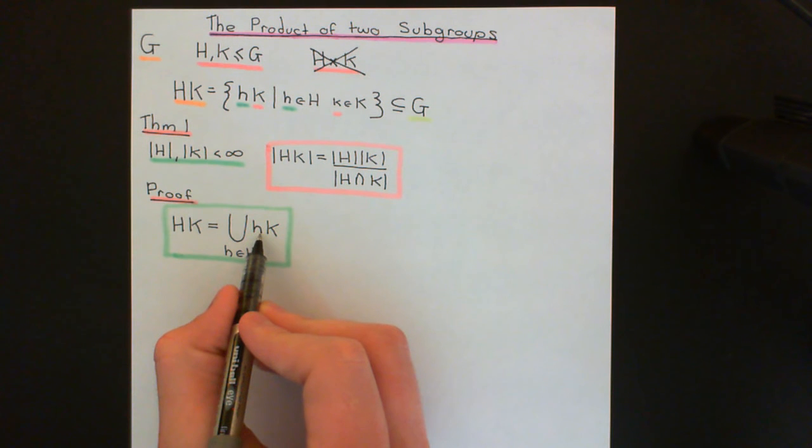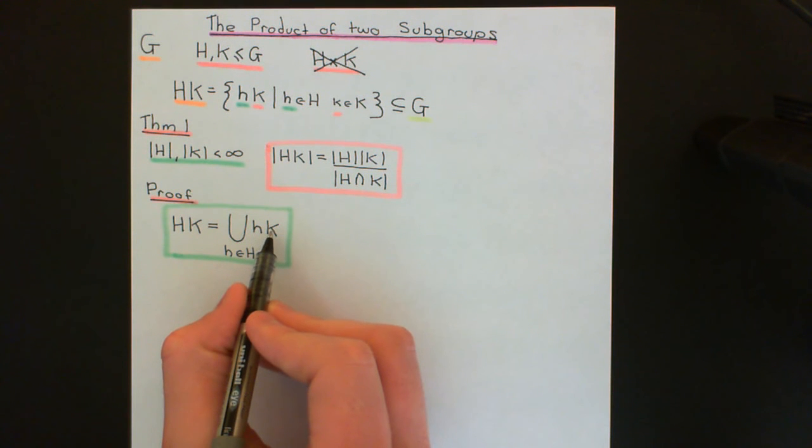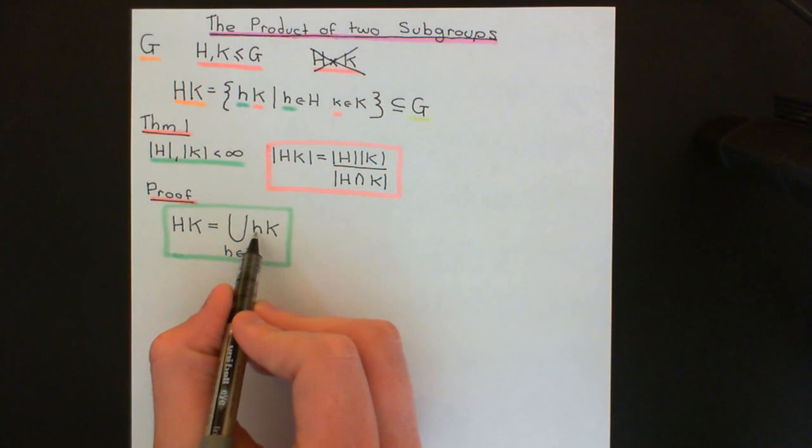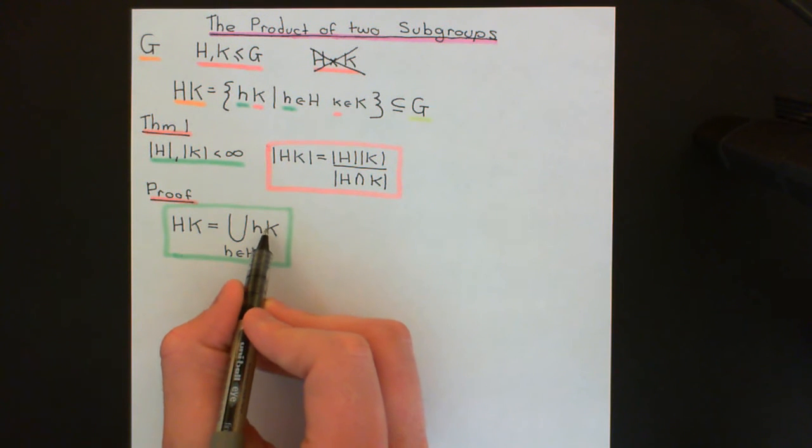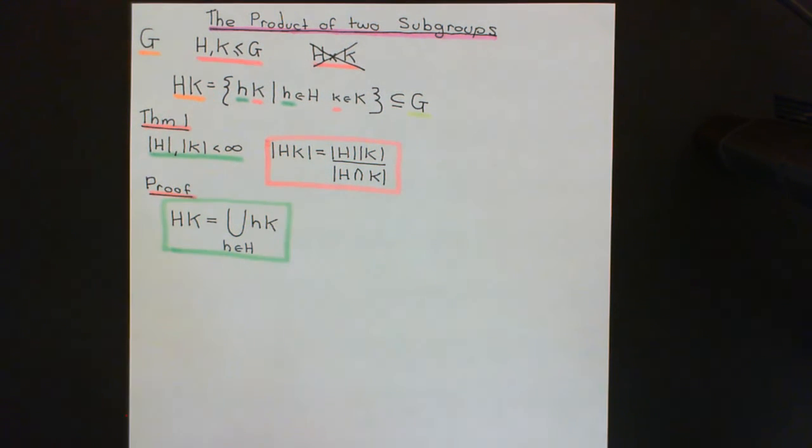If we go through all the elements of capital H here and take the left coset of K under that element, we will be producting each of these elements of H with every single element of capital K, and we'll be getting loads of these cosets of capital K and unioning them all together.